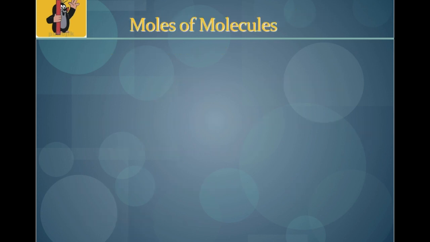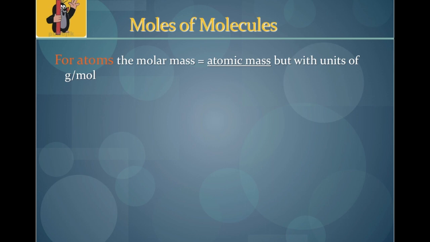Okay, so we not only can have moles of atoms. Remember that a mole, just like a dozen, can be used for any particle. So we can also have moles of molecules. Now, as I just mentioned in the previous slide, for atoms, the molar mass is going to equal the atomic mass.